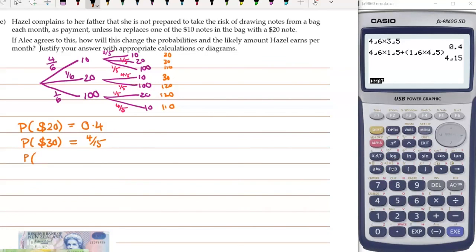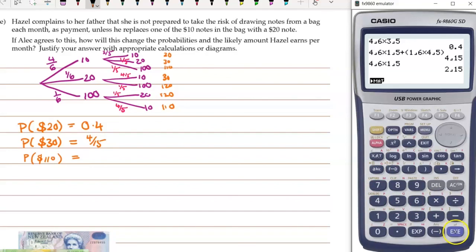The probability of getting next up would be 110. So that third line down, we've got 4/6 times by 1/5. And then add on the other way to get 110 is this bottom line.